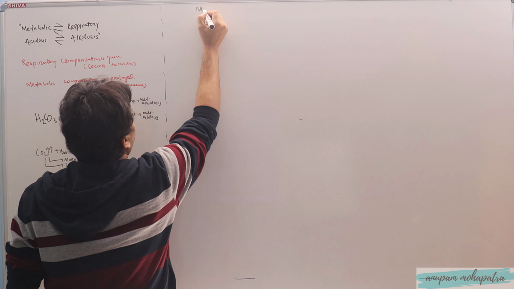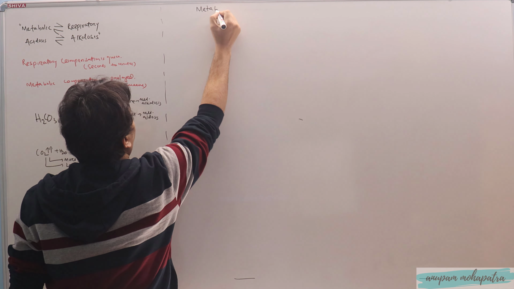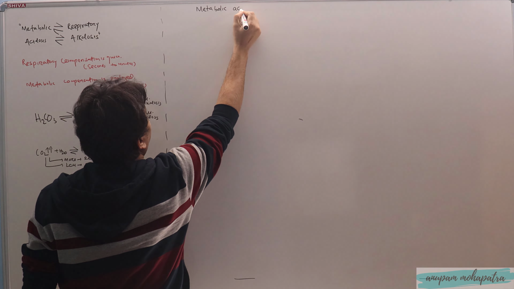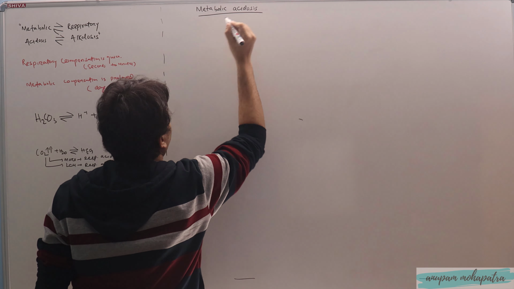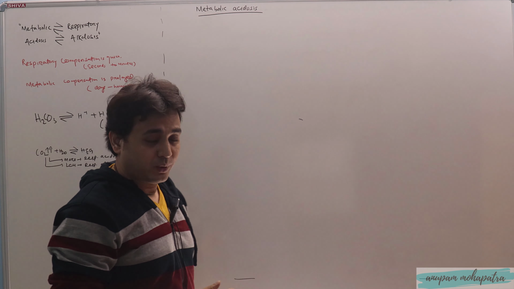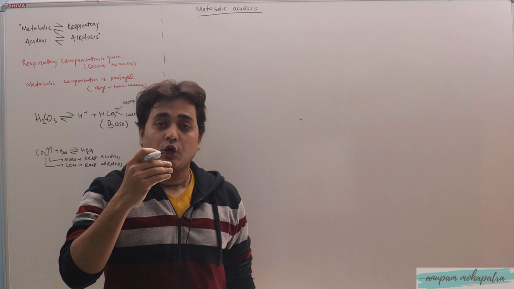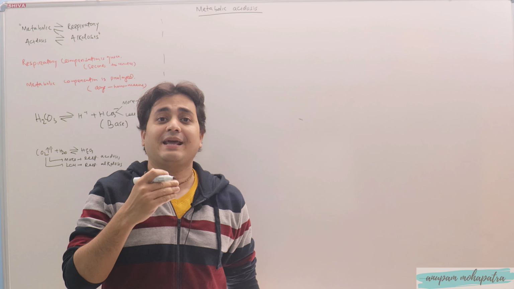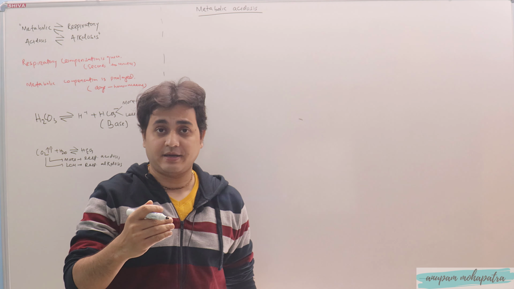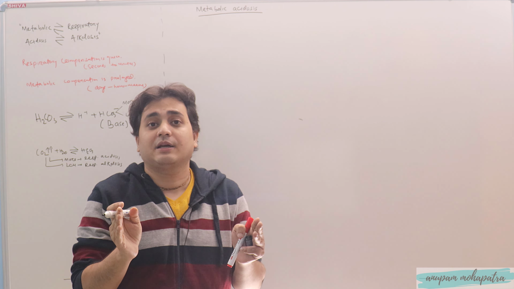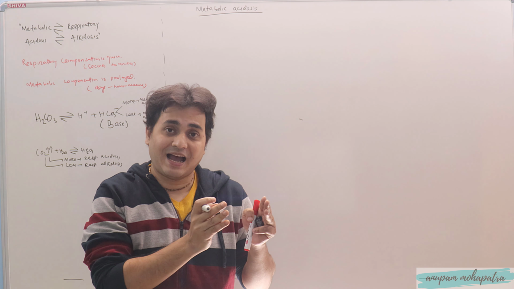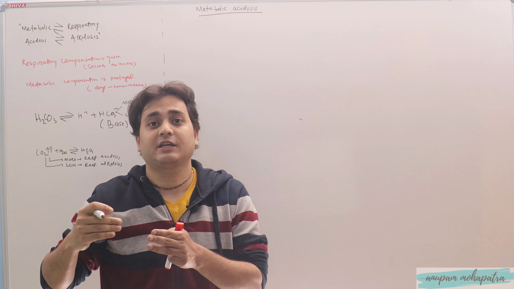So first we'll discuss metabolic acidosis. We have discussed in the last class, if it is a metabolic acidosis, the next step is to find out the anion gap, then divide the metabolic acidosis in two parts: one is high anion gap acidosis and the other is normal anion gap acidosis.